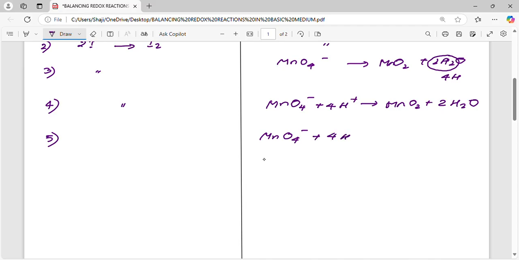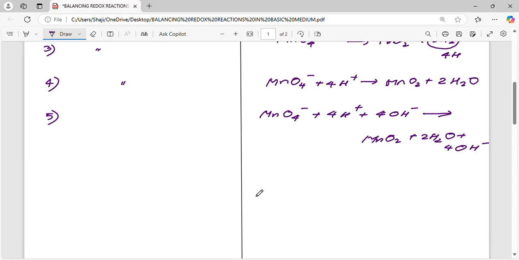As the reaction is in a basic medium, we need to provide an equal number of OH- ions on both sides, both LHS and RHS, not only on one side. So here I have added 4 OH- ions on LHS and RHS. But in the oxidation half there is no change because of the absence of H+ ions.